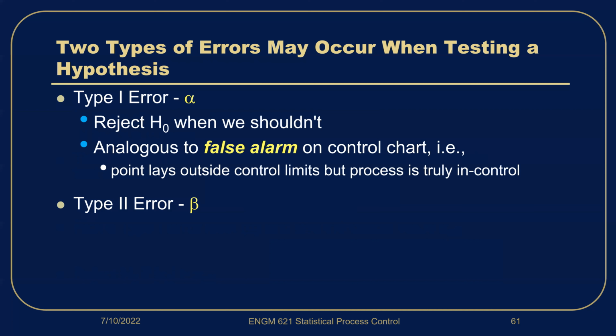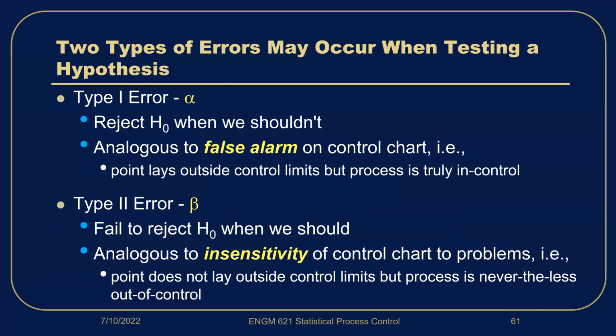That is, a point lies outside control limits, but the process is truly in control. Type 2 error beta is the probability we fail to reject the null when we should. It's analogous to insensitivity of the control chart to problems. Points lie inside control limits, but the process is nevertheless out of control.